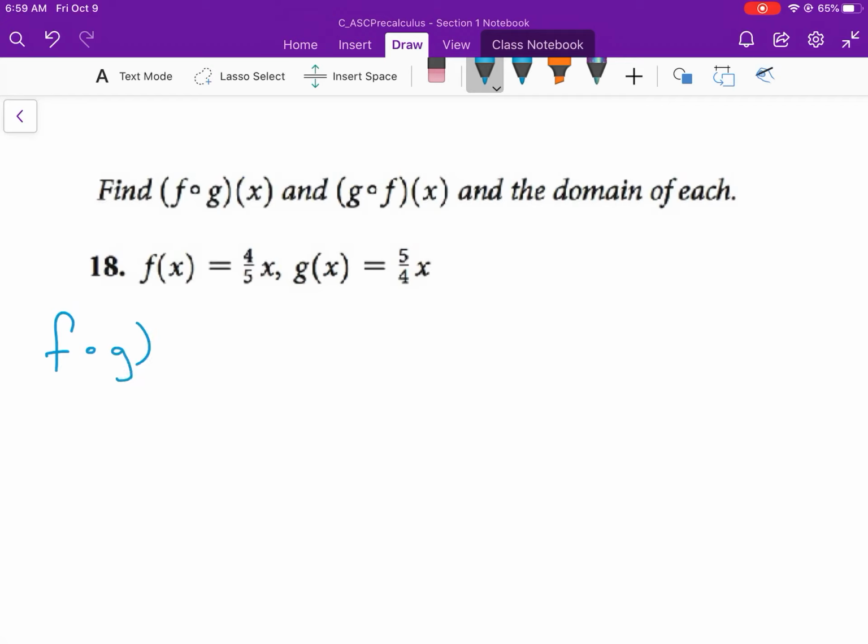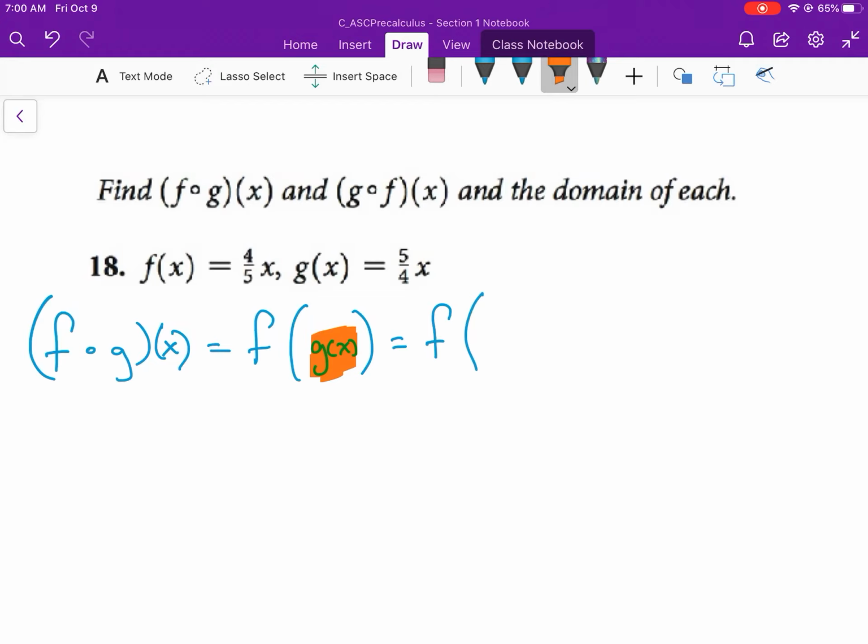So I'm going to do f of g, or f circle g, as sometimes kids like to say, but I'm going to write that as f of g of x. Now I'm going to put g of x in this spot right here. Right here, game of substitutions, I'm going to put this right here. So this is 5/4 x.